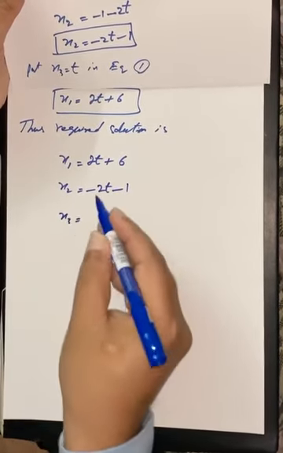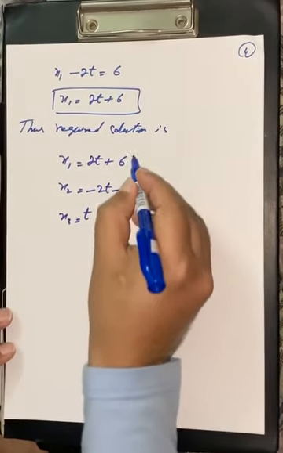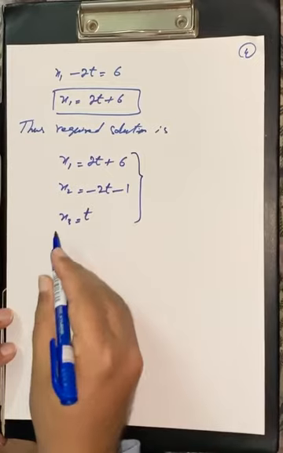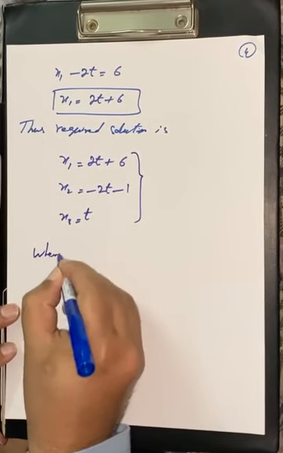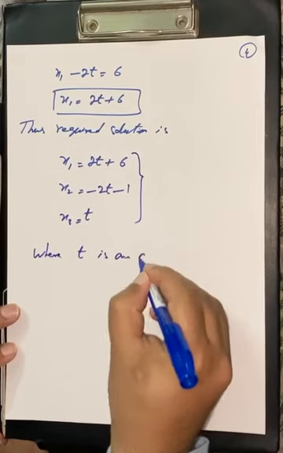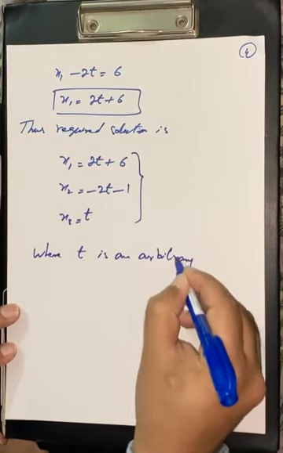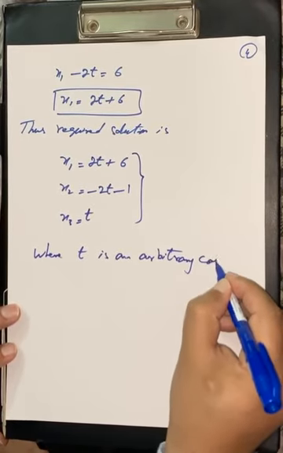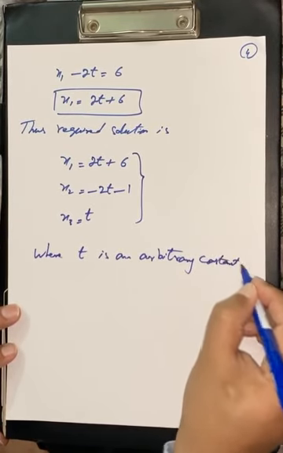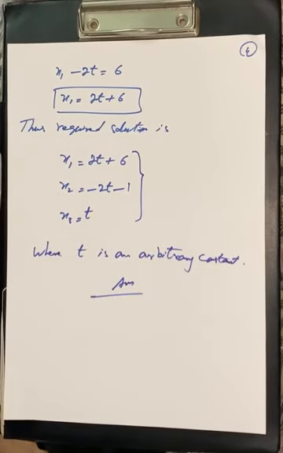And x3 we supposed, that is t. So these are the three solutions, where t is an arbitrary constant. That's the end of question number 6. Hope you all understand this question.